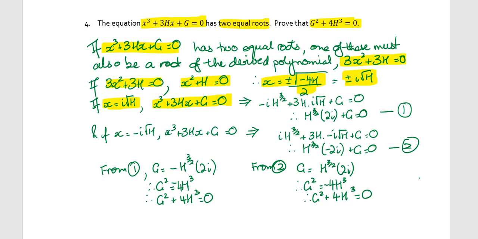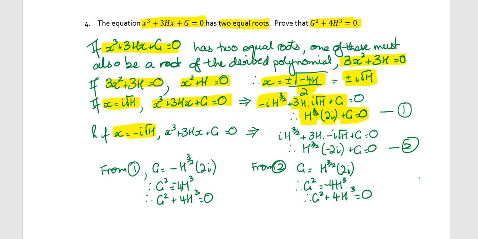So i root h cubed is that. 3h times i root h is that, and of course there's our g. So when we gather terms together, h root h is of course h to the 3 on 2, so we've got h to the 3 on 2 outside of 3i minus i, which is 2i, and we've got our plus g. So we know that that equals 0.